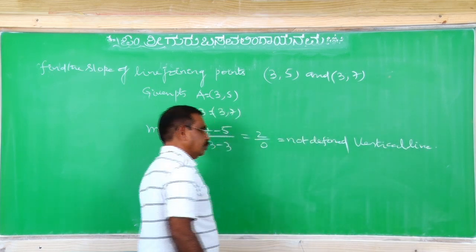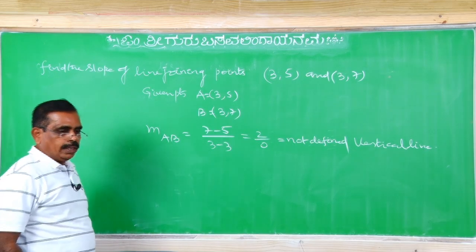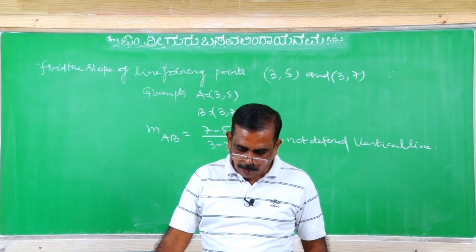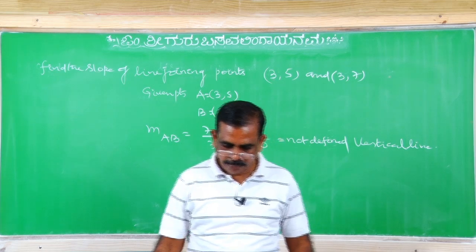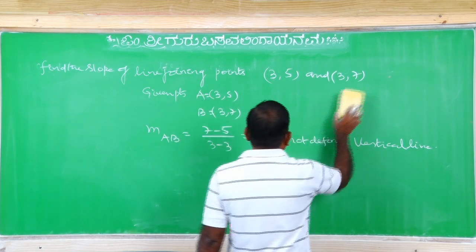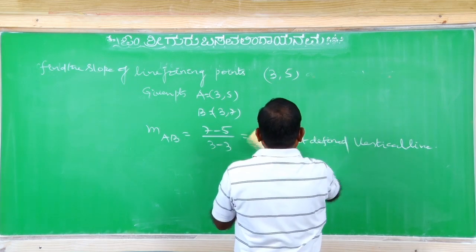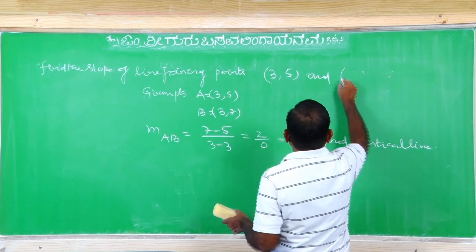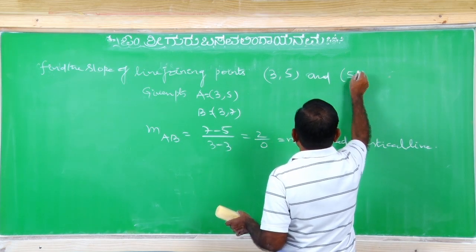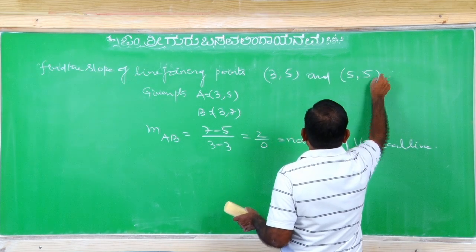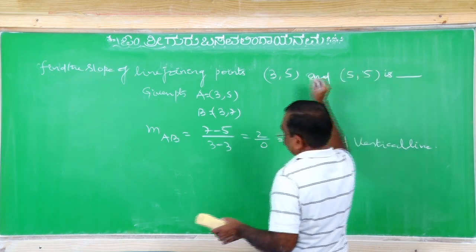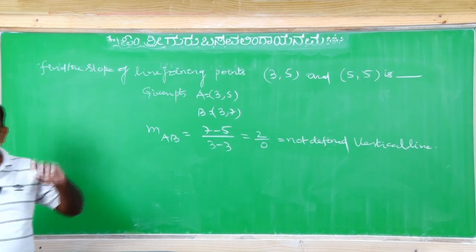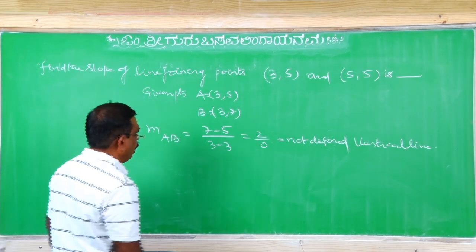Next question. Find the slope of the line joining the points 3, 5 and 5, 5.